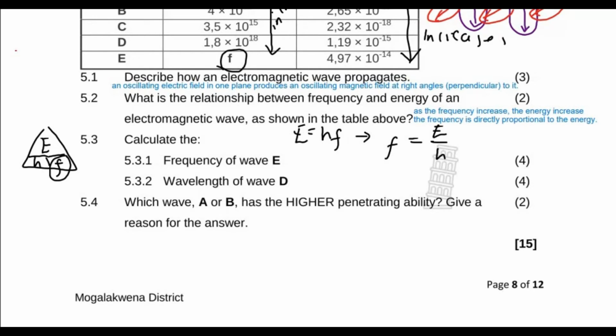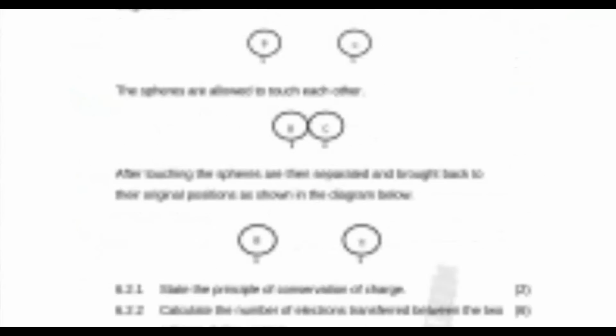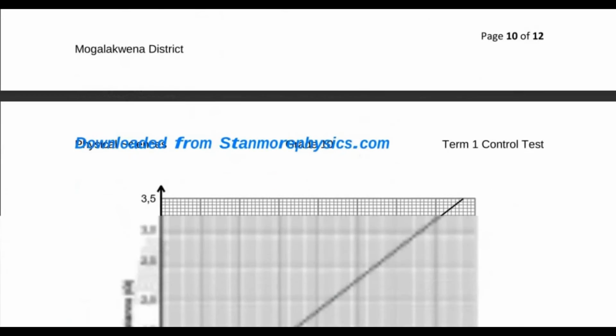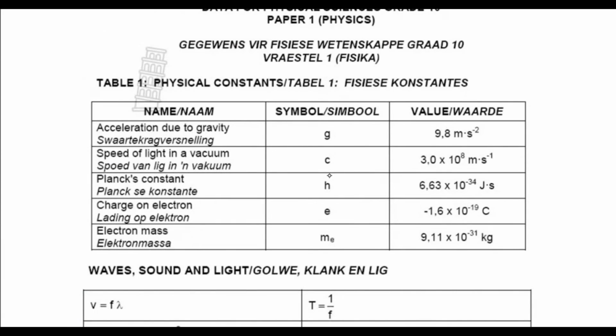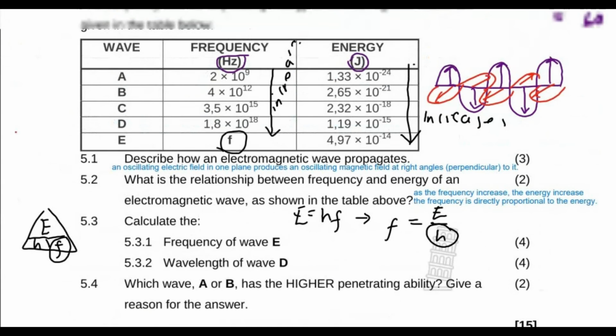The nice thing is that h is a constant that is provided to us. It's called Planck's constant. If you go check in your formula sheet, you'll find that constant there. It's given by 6.63 multiplied by 10 raised to the power of minus 54 joule second. We know the energy, we know Planck's constant, so we can calculate the frequency.